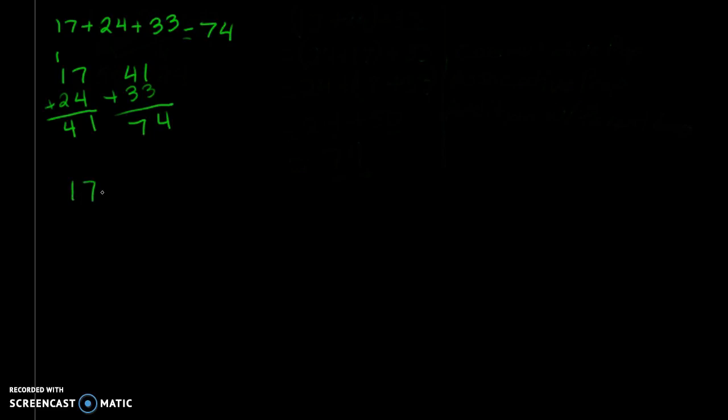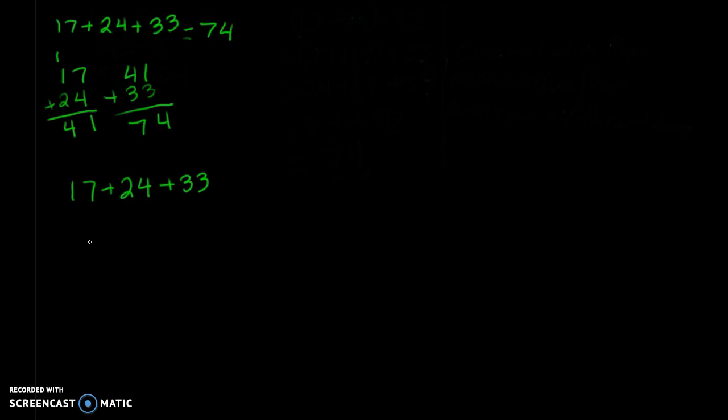Now, focusing back on the original problem, 17 plus 24 plus 33. What we want to do is find a way to make adding these numbers simpler. I recommend looking for multiples of 10 and seeing if any two numbers can add to a multiple of 10. That would be like 10, 20, 30, 40.